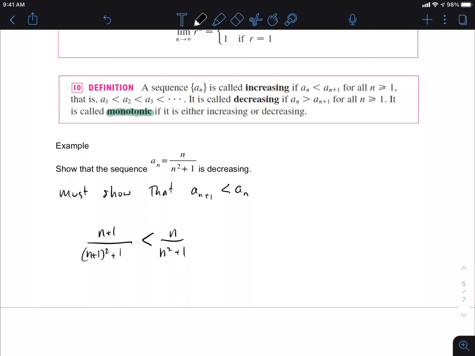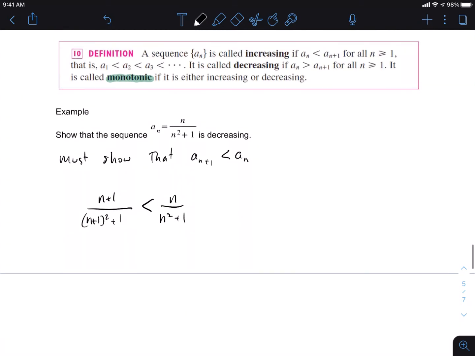Okay, so I'm going to cross multiply here. So I'm going to get n plus 1 times n squared plus 1. That should be less than n times, bracket that, n plus 1 squared plus 1.